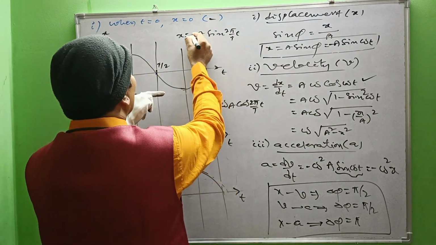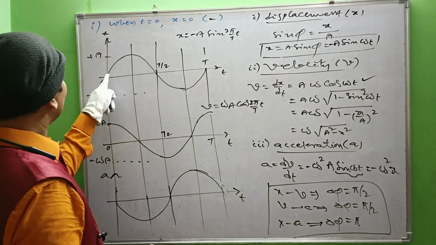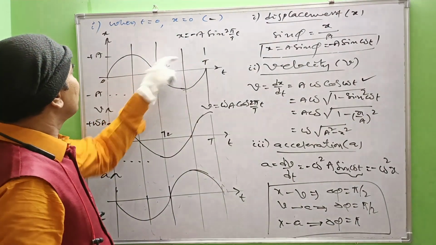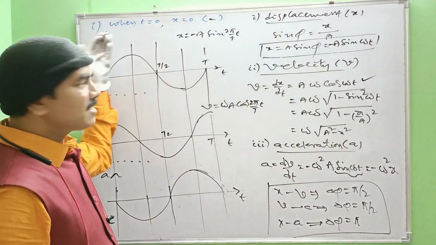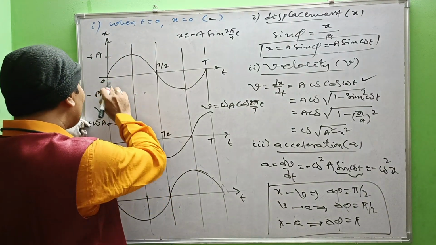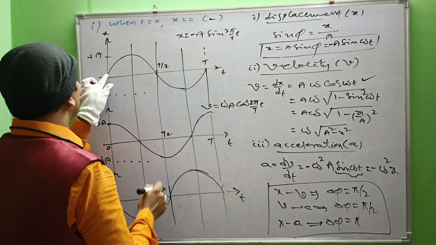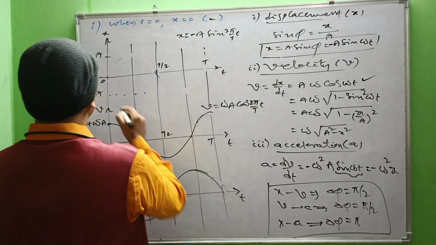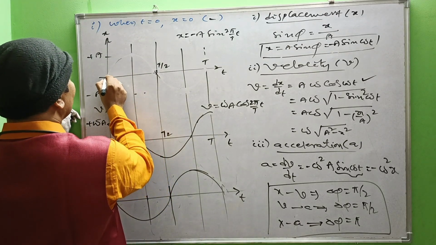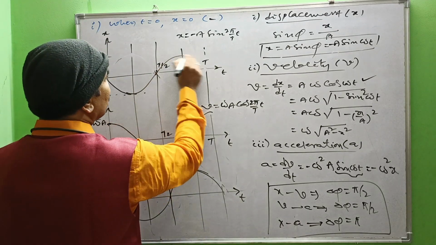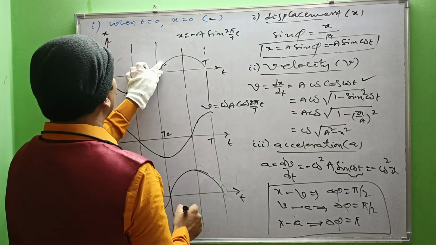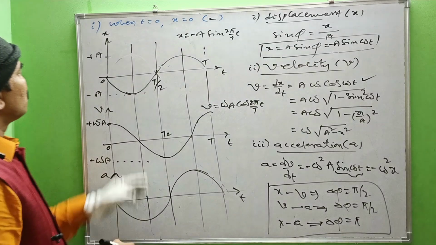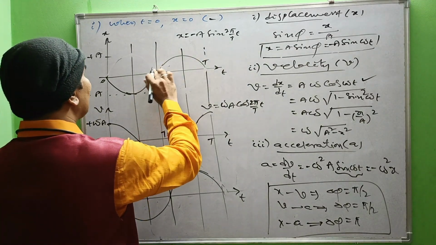Minus in the sense crest becomes trough, trough becomes crest. Minus sin theta takes the form like this. This is the variation of displacement with time, with T by 2 marked here.